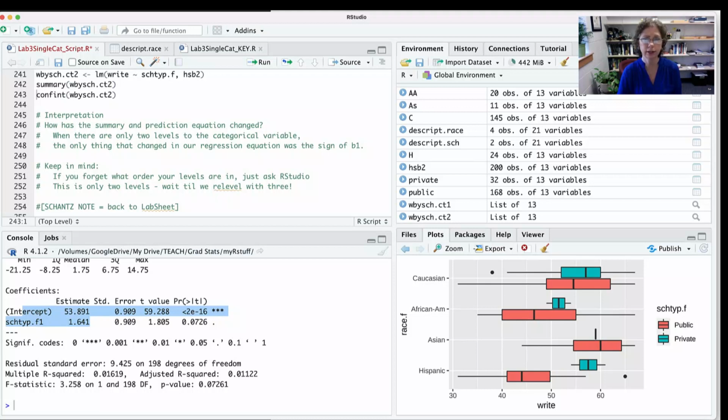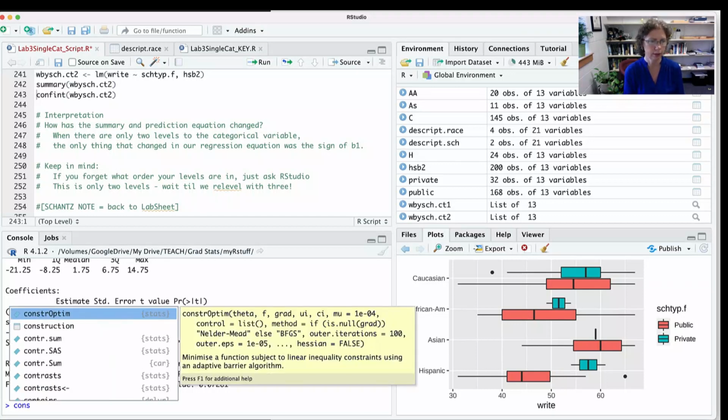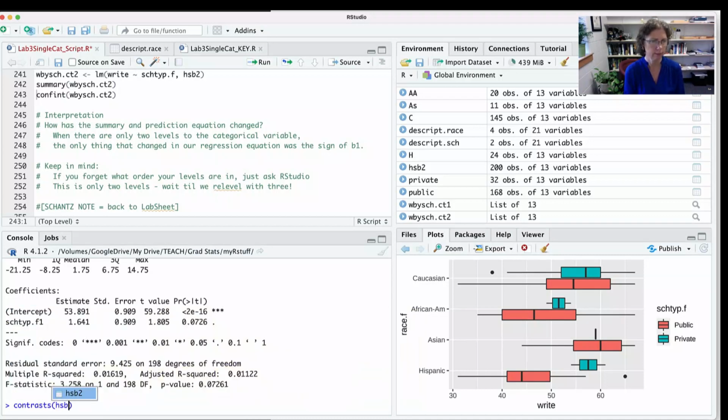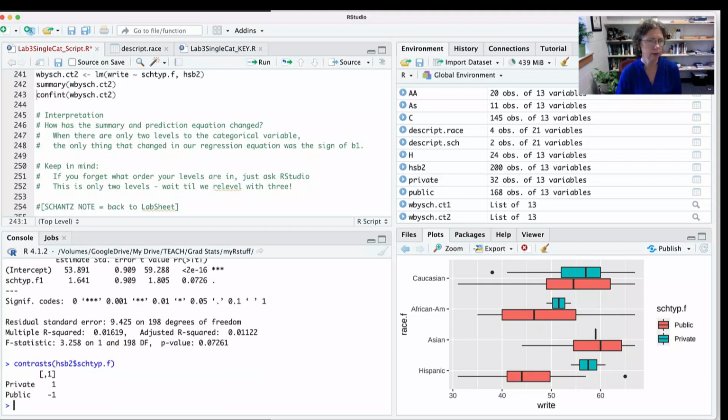53.891 is still our grand mean. That didn't change. But now school type is no longer negative. It's a positive number. And that's because now 1 refers to private. Like if I do the contrast to find out where they're at, now private is coded as 1.